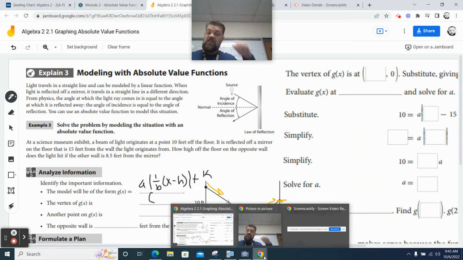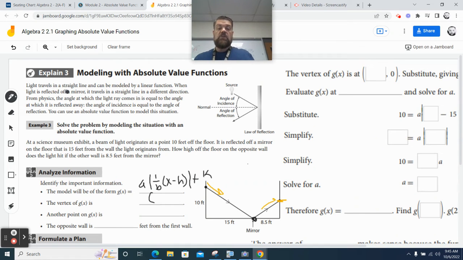It says it's 15 feet away from the wall, so this is 15 feet. In other words, if we think of this as the origin, like this is 0, 0, this would be 15, 0. So that means my h is equal to 15 and k is equal to 0.